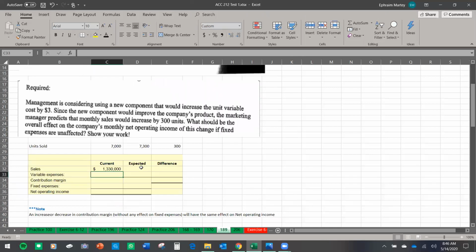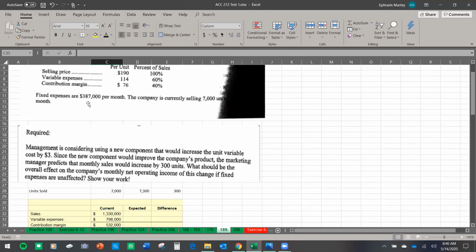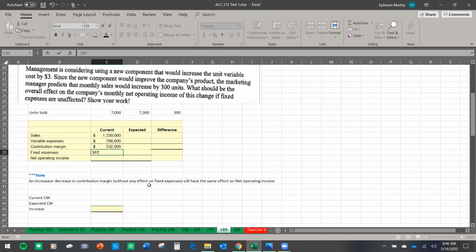That's 114 multiplied by 7,000 units, which gives us 798. So we will have a contribution margin of 532. What's our fixed expense? Fixed expense is 387,000 right here. We do this minus that, and that gives us 145,000 as net operating income.